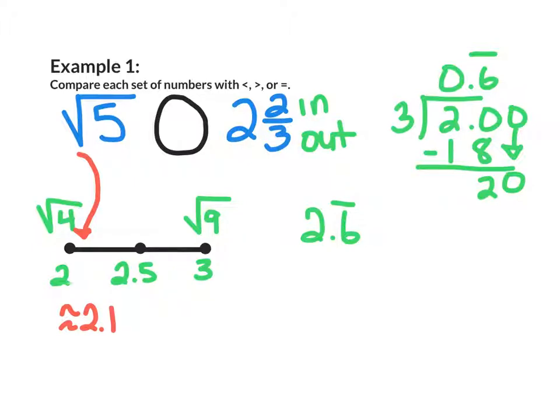So now I see that 2.1 is less than 2.6. So I'm going to have a less than sign. So the square root of 5 is less than 2 and 2/3. Now if you forget which way the symbol goes, you can always remember back to elementary school that the alligator always eats the bigger number.